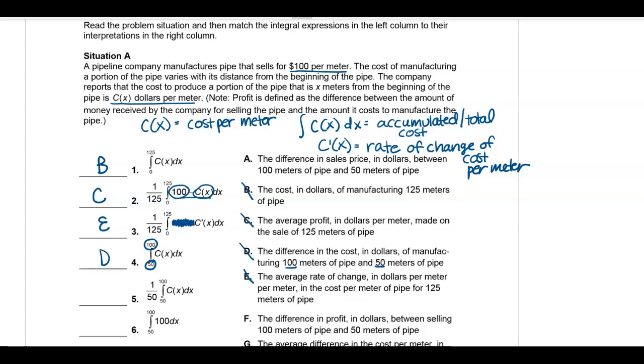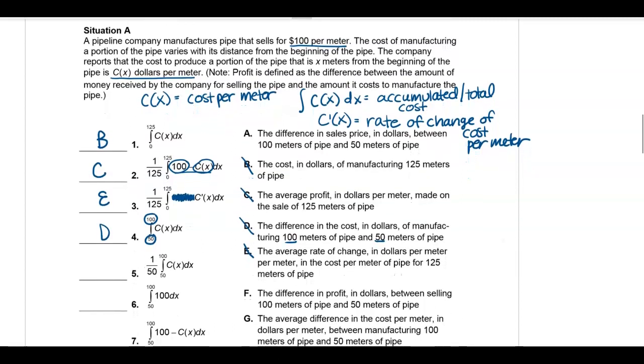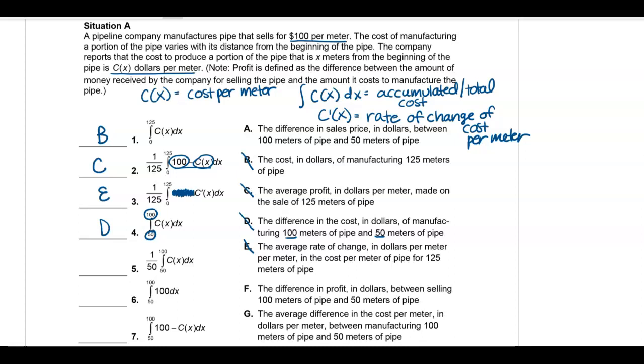If we look at number 5, 1 over 50, this is going to be some sort of average. What other average do we see? Well, it looks like G, and that should make sense because it's the average difference in cost per meter. So if we ignore the 1 over 50 for a minute, this is again the difference in cost like we just found for number 4 from 50 to 100, but for average cost per meter, you multiply by 1/50th because there's 50 meters between 50 and 100.